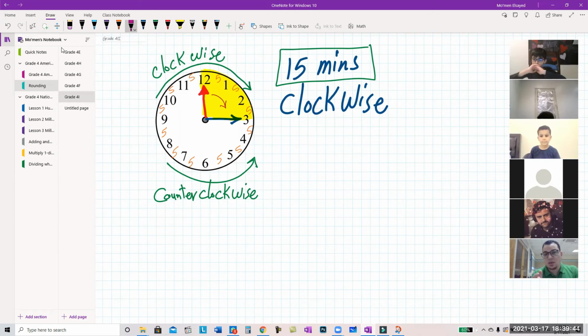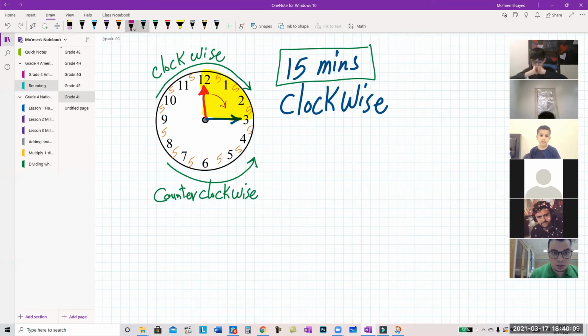Fraction means the part over total, okay? So how many parts do we move around the clock here? We move from 12 to 1, right? And from 1 to 2, and from 2 to 3, right? So how many parts do we move through? 3 parts, right?